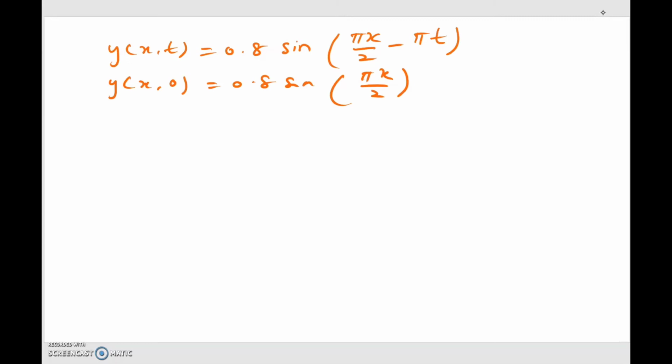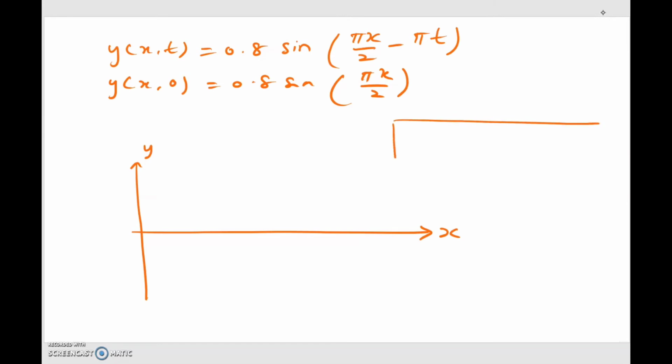So here you have to plot the graph of y versus x. Before that, you have to make a table first, for x and for y.